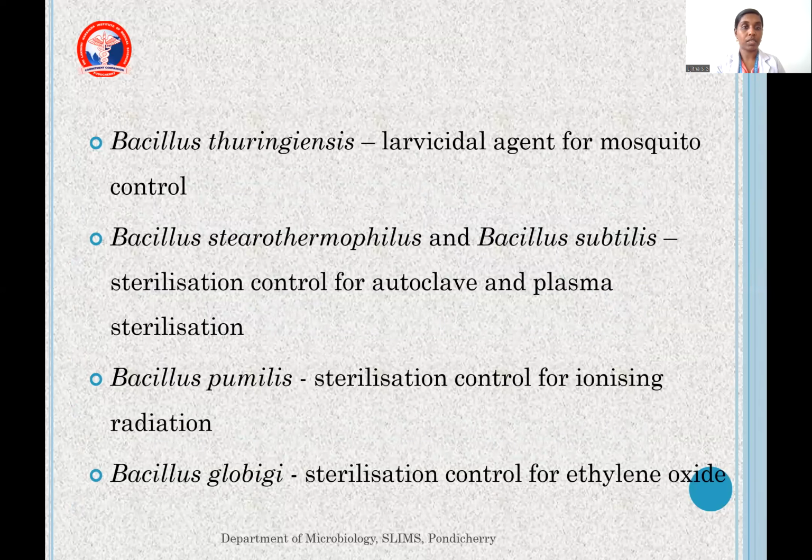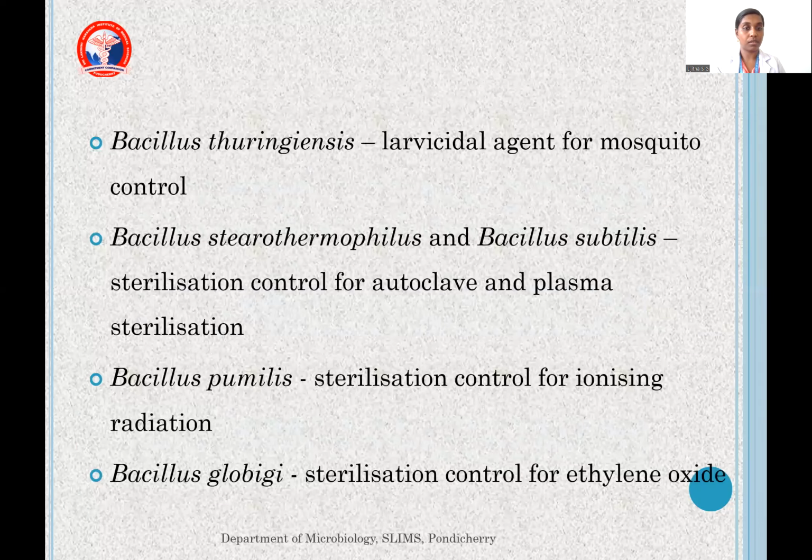That is about Bacillus cereus, and there are some Bacillus species which have other uses also. For example, Bacillus thuringiensis is used as a larvicidal agent for mosquito control. Then Bacillus stearothermophilus, Bacillus subtilis, Bacillus pumilus, and Bacillus globigii are all used as sterilization controls in various methods of sterilization.